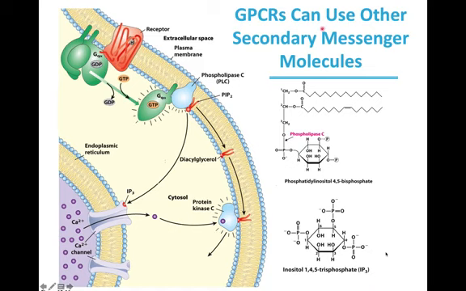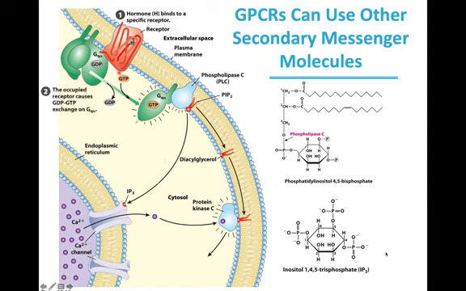So how do these GPCRs function? When a hormone binds to a specific receptor like a GPCR, it initiates a response.